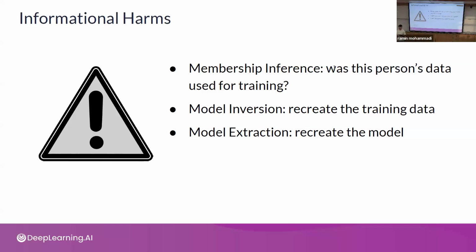I think if I'm not wrong, a good example is the case between OpenAI and the New York Times. OpenAI is claiming that the New York Times hacked into the system to figure out whether their data was used, which is against the policy. And that becomes membership inference.